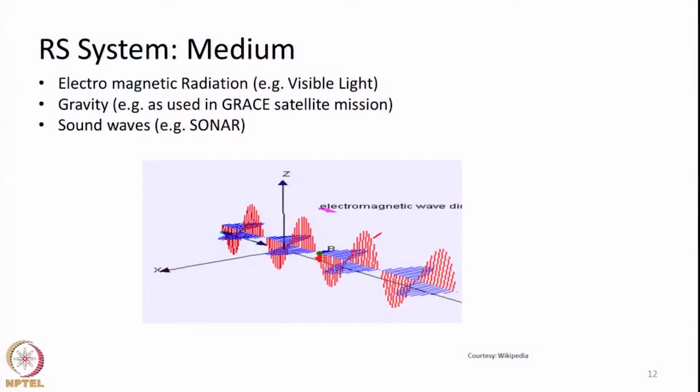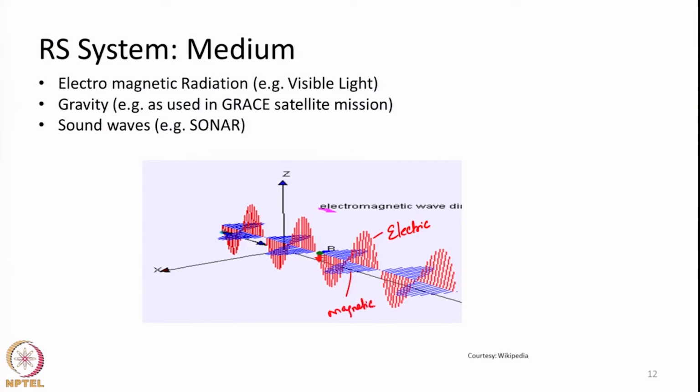So, it is a combination of two components, one is the electric field, another one is the magnetic field, and from the concept of wave theory, they travel from one point to another point in the form of a wave. That wave consists of two components, as I said. The red one is the electric field, the blue one is the magnetic field.